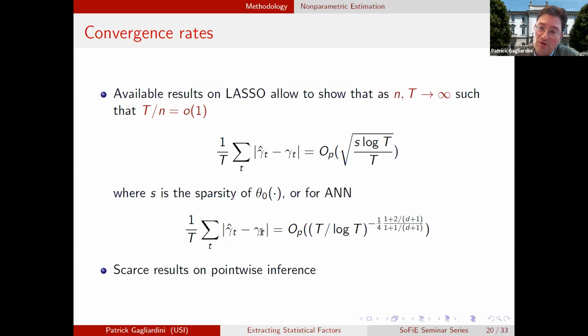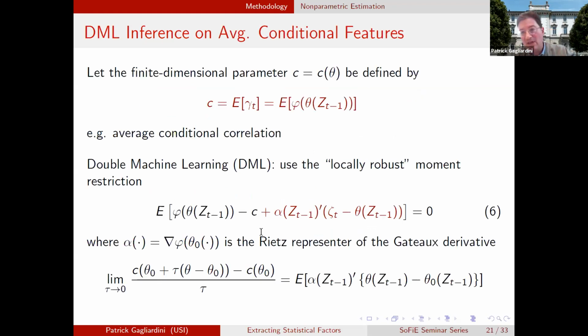So actually, for having some inference, we follow a semi-parametric approach, and we focus on some finite dimensional feature of this high dimensional or infinite dimensional parameter. So something like the parameter C in this equation being the expected value of the feature of interest.